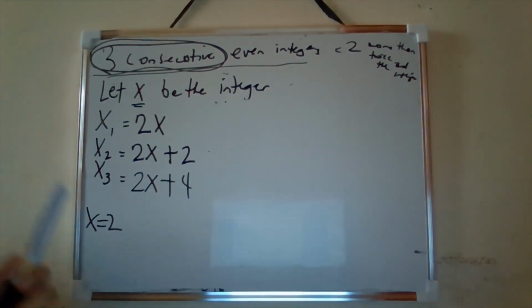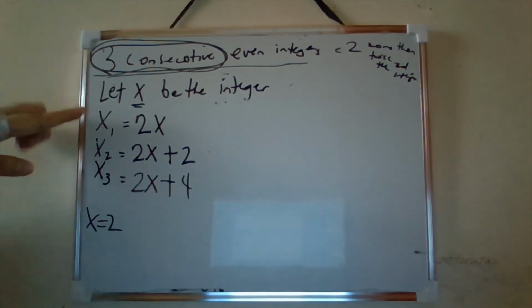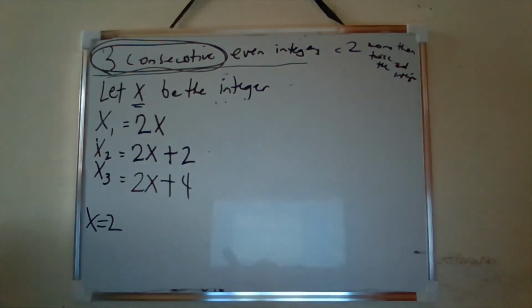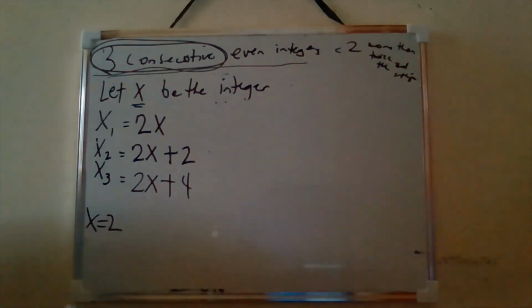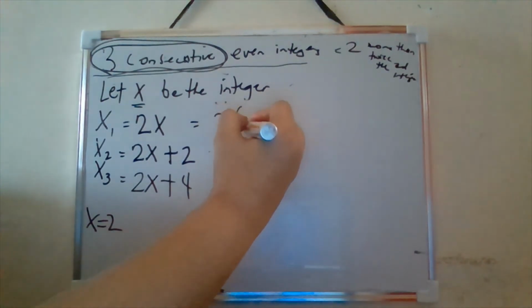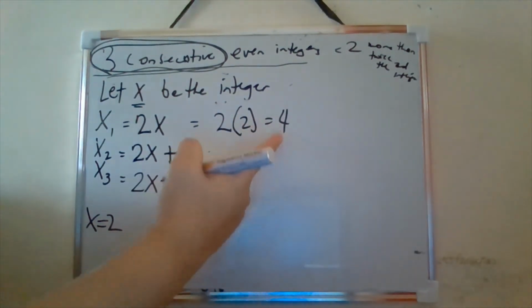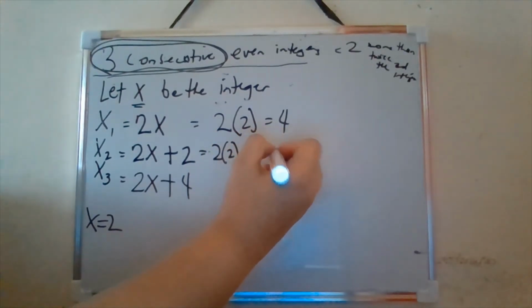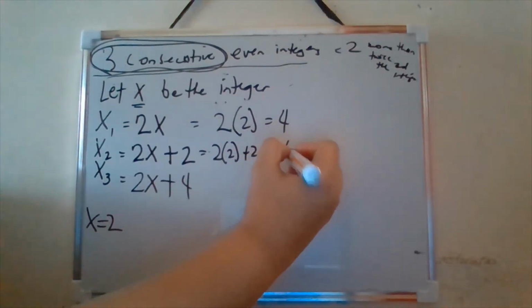So, if x is equals to 2, then our x sub 1, okay, ay, so, ito magiging 2 times 2, 4. Okay? Ito naman ay 2 times 2 plus 2. So, 4 plus 2 is 6.